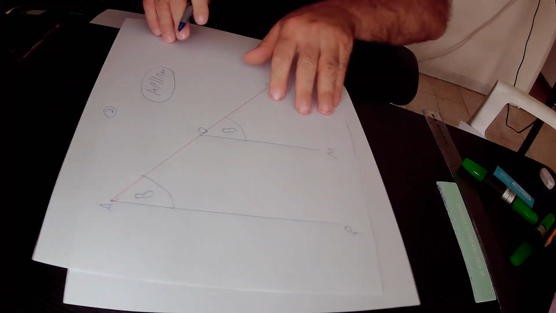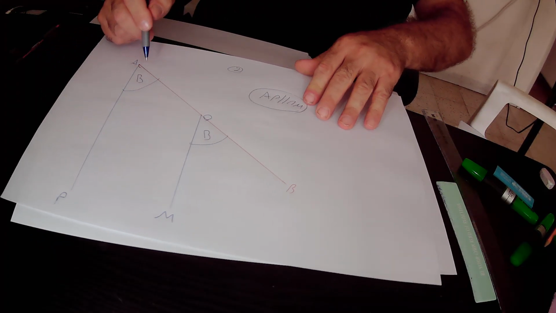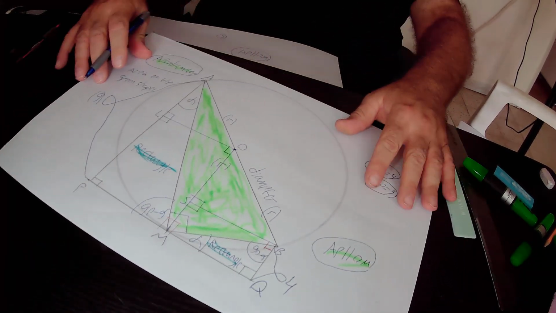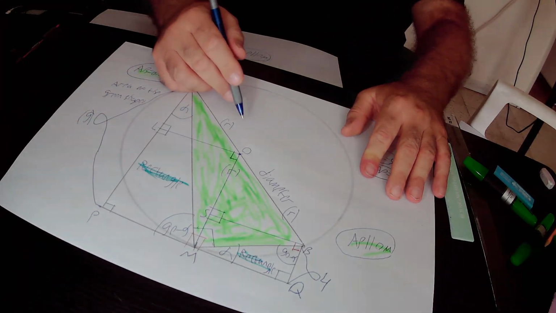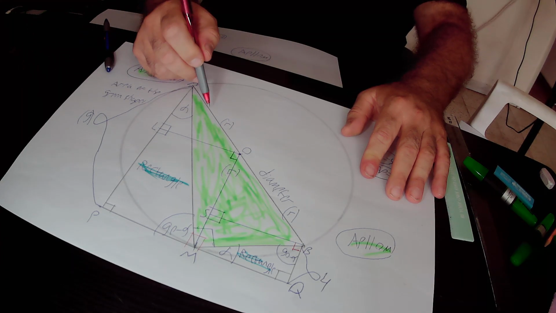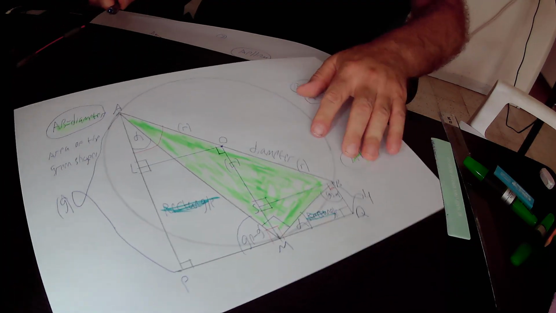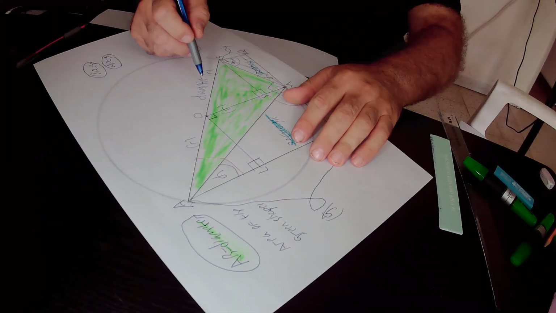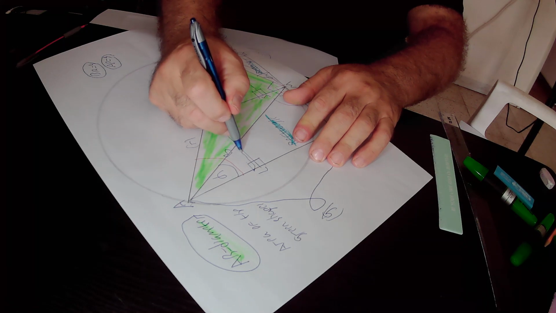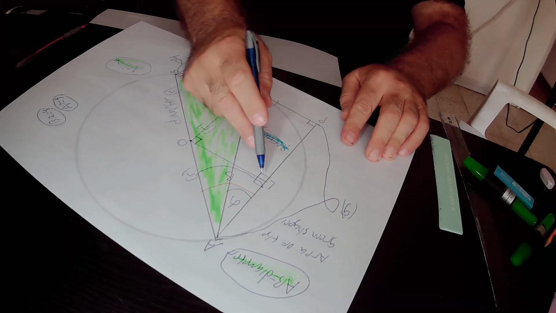So if you found out that angle PAO equals beta, this is angle PAO, the big angle, and it is equal to beta.